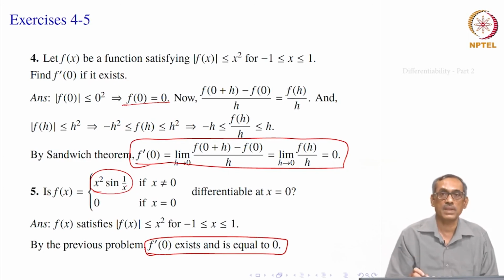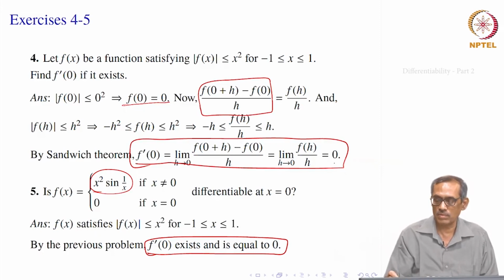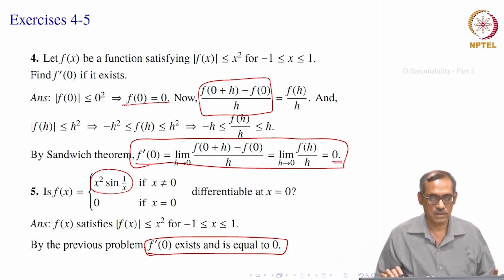If you take the limit of that derivative, that is not the same thing as finding f prime 0. That will say whether the limit of f prime x as x goes to 0 exists or not. That is not the same thing as f prime 0. F prime 0 is the limit of this ratio, and this we have computed to be equal to 0. Therefore, f prime 0 exists and is equal to 0. So, we stop here.